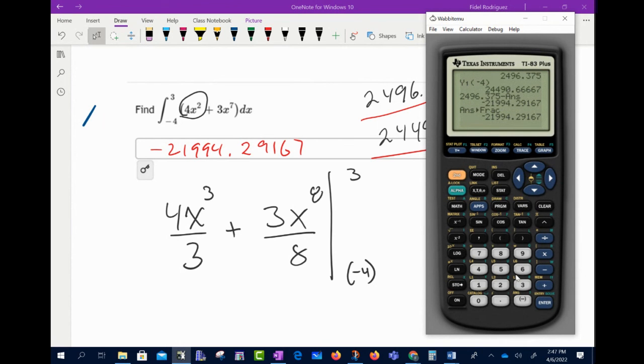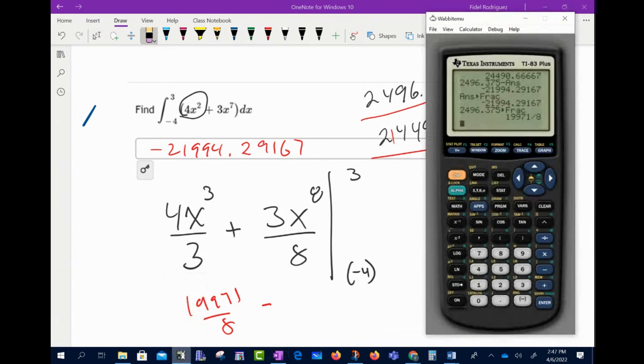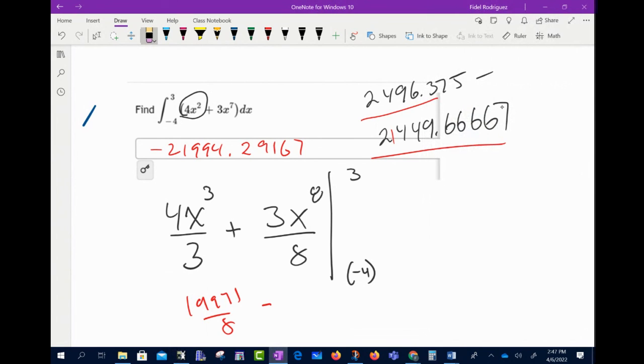We can do it because we know that for the first one, 2496.375, if I do this math fraction, I'm coming up with 19,971 over 8 minus this one here, which is 24,490.67.